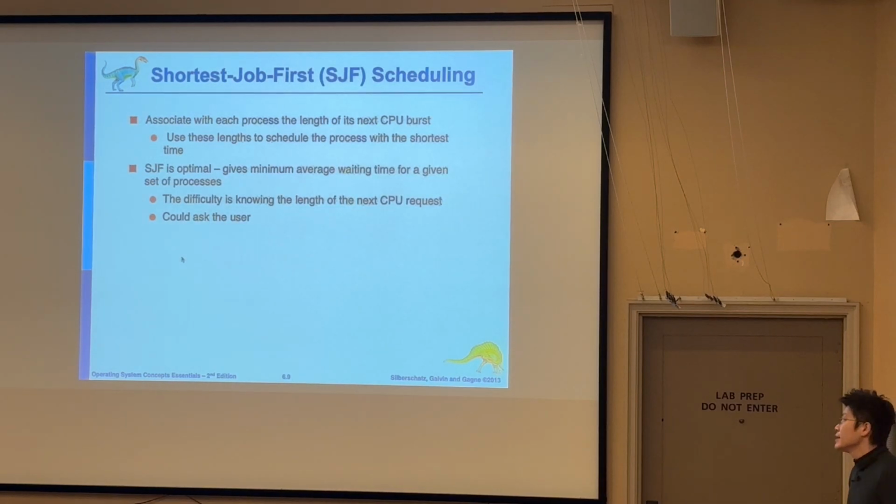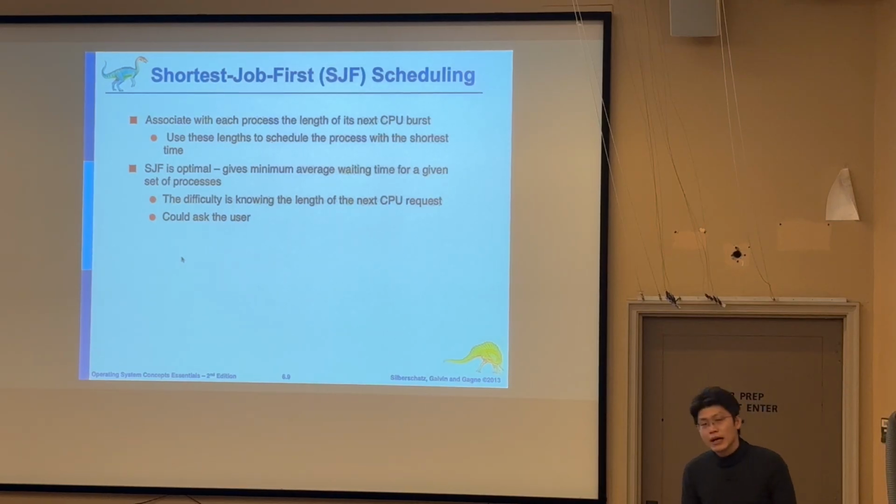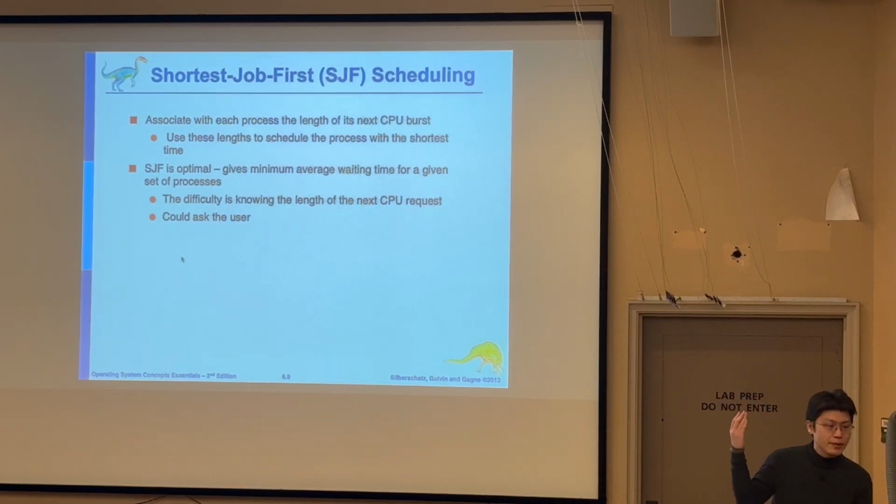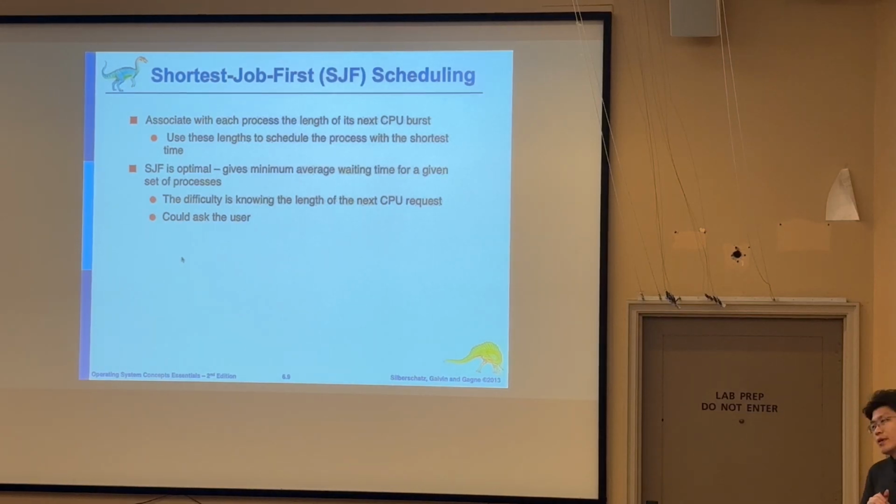This is where we skipped. I think we did not discuss this. Shortest job first scheduling. It is a strategy designed specifically to address the previous problem, where you have a long job blocking a bunch of short jobs because you are using first come first serve.